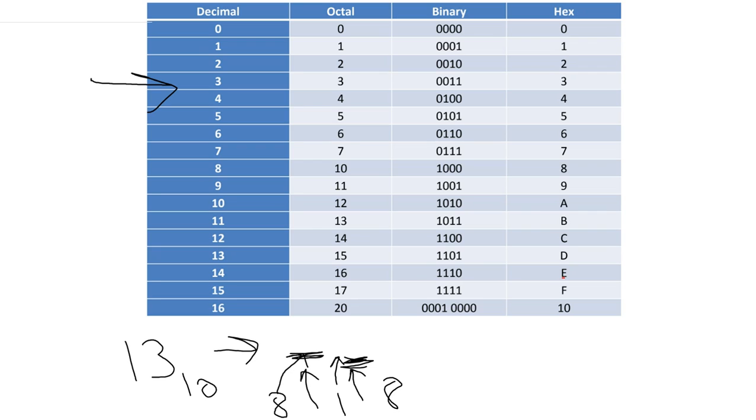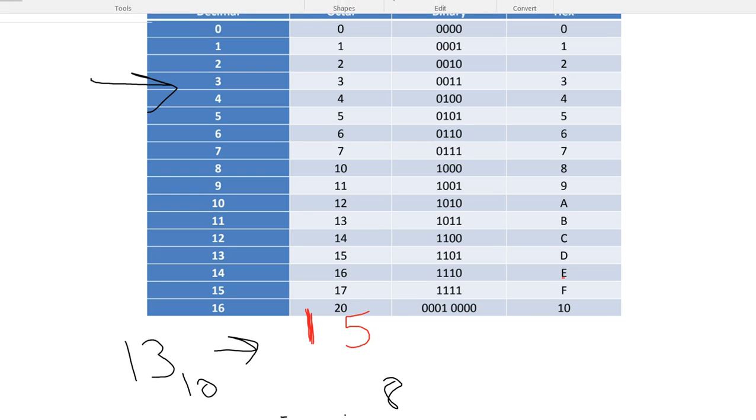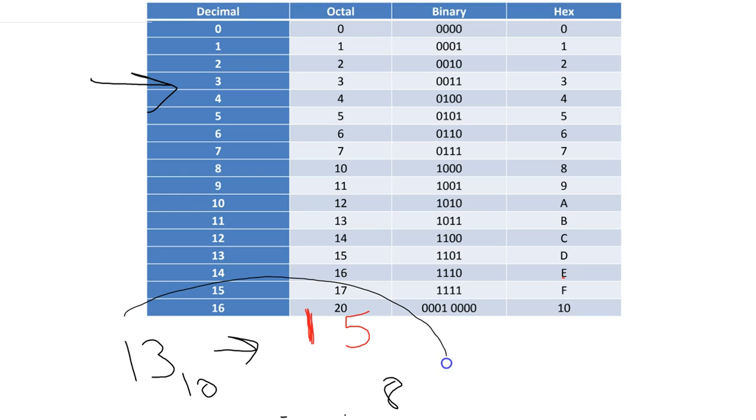So if we're doing the number 13, we know that there is one complete factor of 8, 5 left over. So really, the number 15 base 8 is equivalent to 13 base 10.